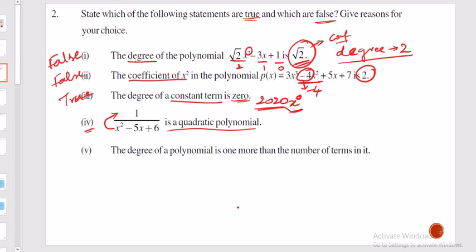If I bring the total term to the numerator, then you will get a negative sign in the power. Negatives in the power are not valid, so clearly it is not a polynomial. Since it is not a polynomial, how can you say that it is a quadratic polynomial? So it is a false statement. First of all we can't say that it is a polynomial, so that's why it is not a quadratic polynomial.